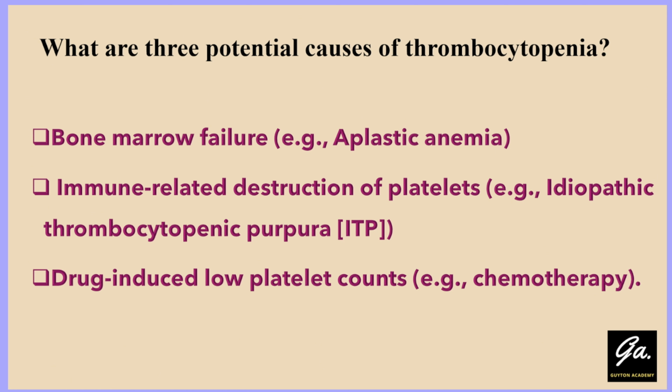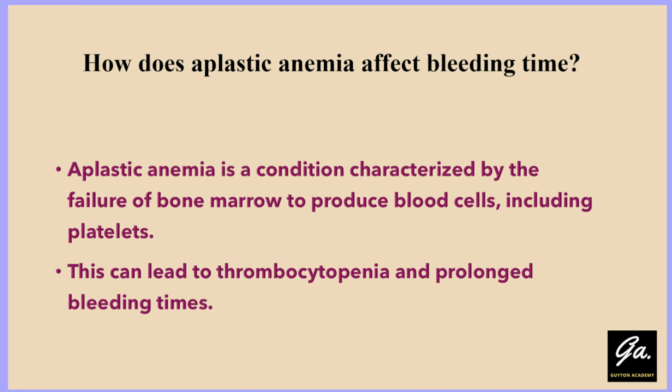Bone marrow failure, aplastic anemia; immune related destruction of the platelets like idiopathic thrombocytopenic purpura; drug induced low platelet count like chemotherapy. All these can cause thrombocytopenia, and thrombocytopenia will lead to longer bleeding time.